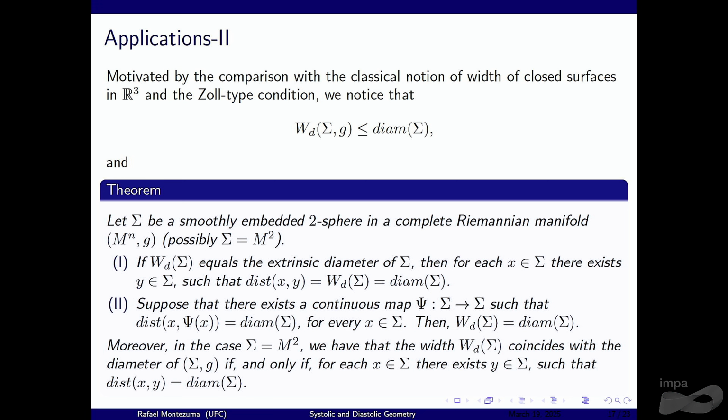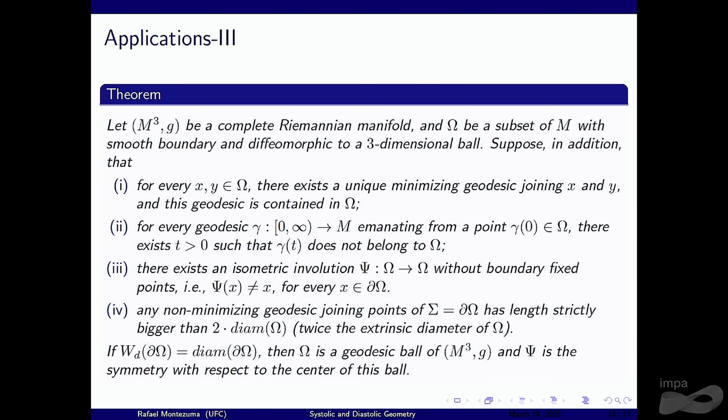So it's natural to think of this condition of the width being equal to the diameter as a generalization to the Riemannian setting of this condition of surfaces of constant width, this classical notion. There are many examples of surfaces of constant width in R3.